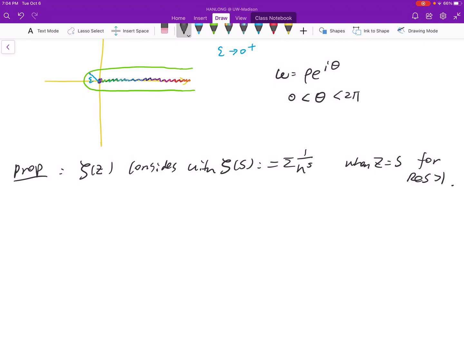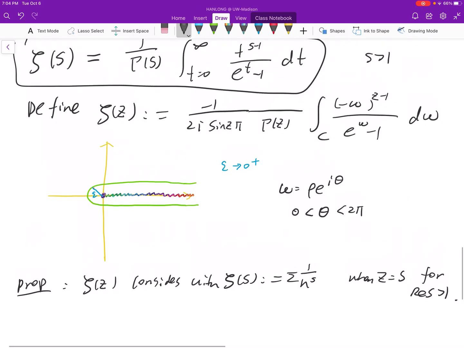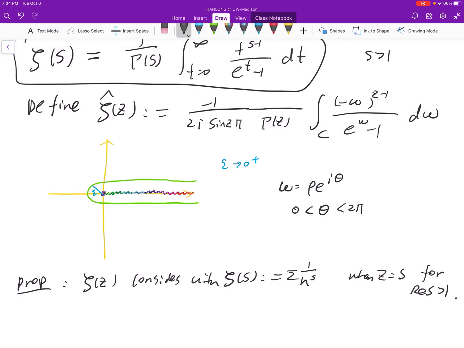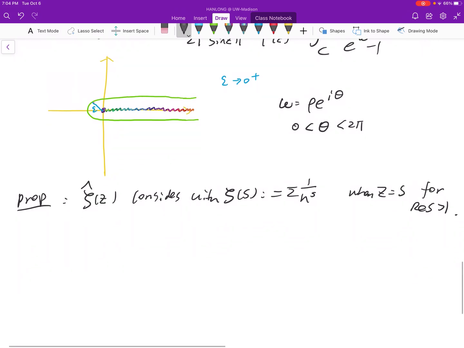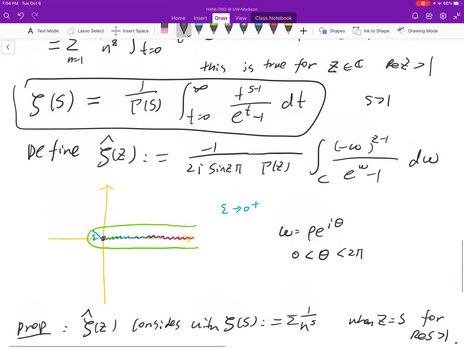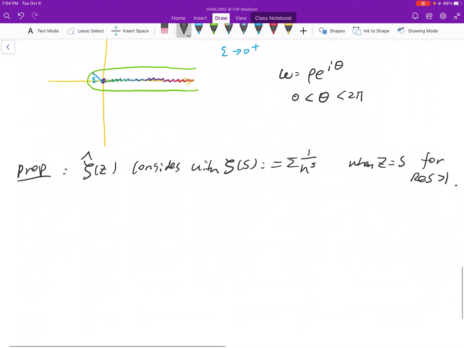Here I use a hat to represent the one defined by the integration, and without hat we indicate the zeta function defined by the summation of power functions.